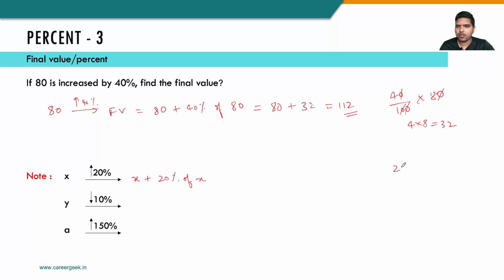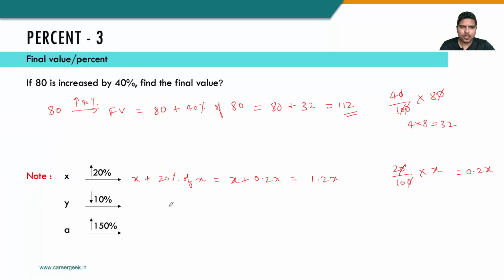What is 20% of x? 2 upon 10, in decimals I would like to write it as 0.2x. So x plus 0.2x. These are similar terms with coefficients 1 and 0.2, so this will add up to 1.2x.